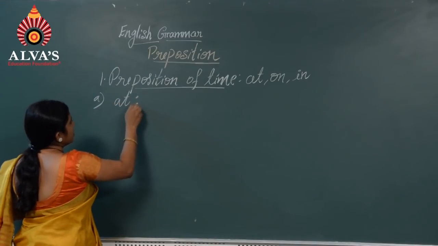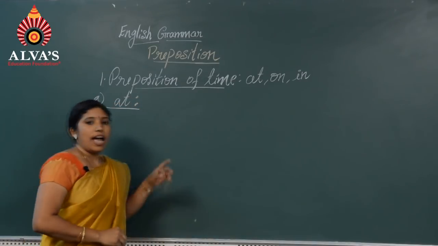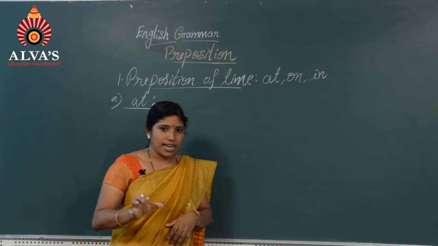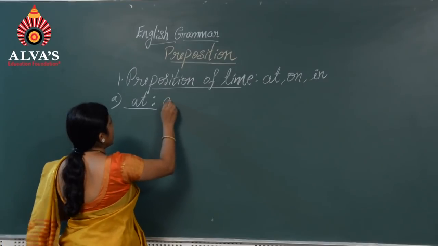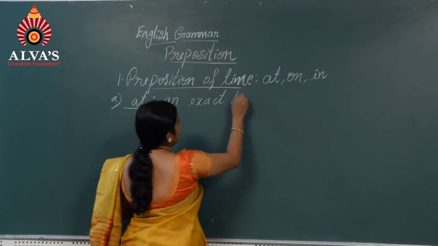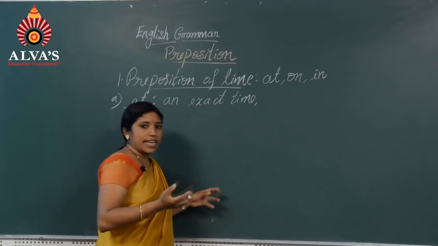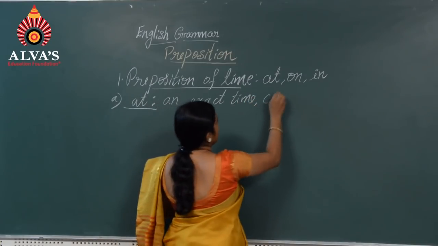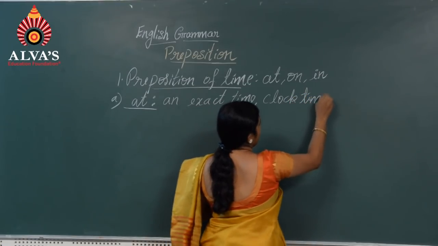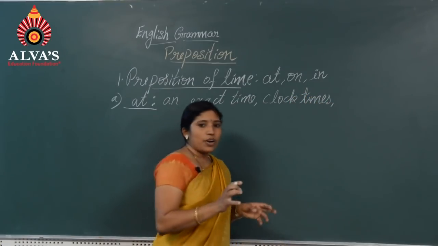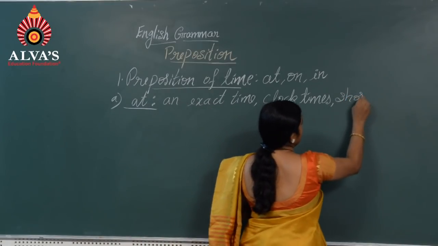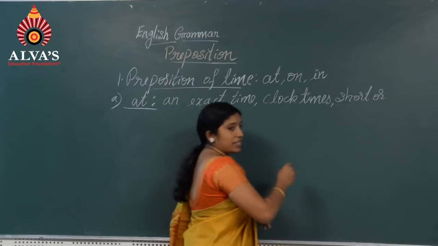Why is it used in the sentence? At is used to indicate an exact time, or you can say clock times. A short or precise time.